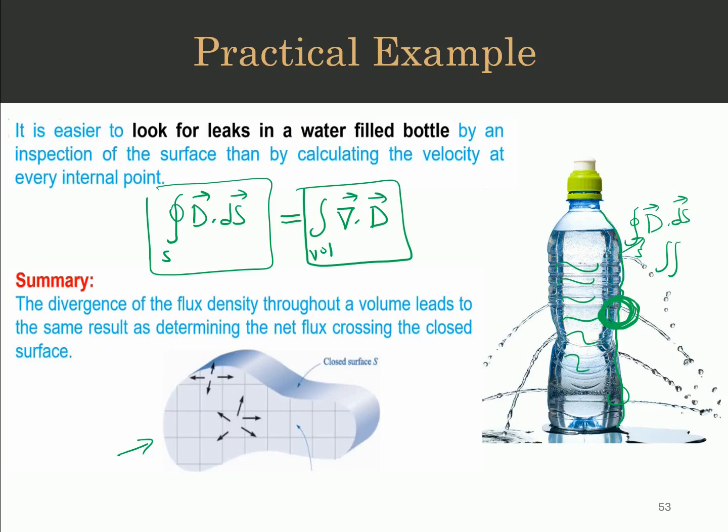The other option, which can be more complex, is that I go inside the bottle and select any specific point, let's say this point A. Now, in order to solve this integral inside the water bottle, I know that the amount of water coming towards point A is less than the amount of water that is leaving because of the leakage.